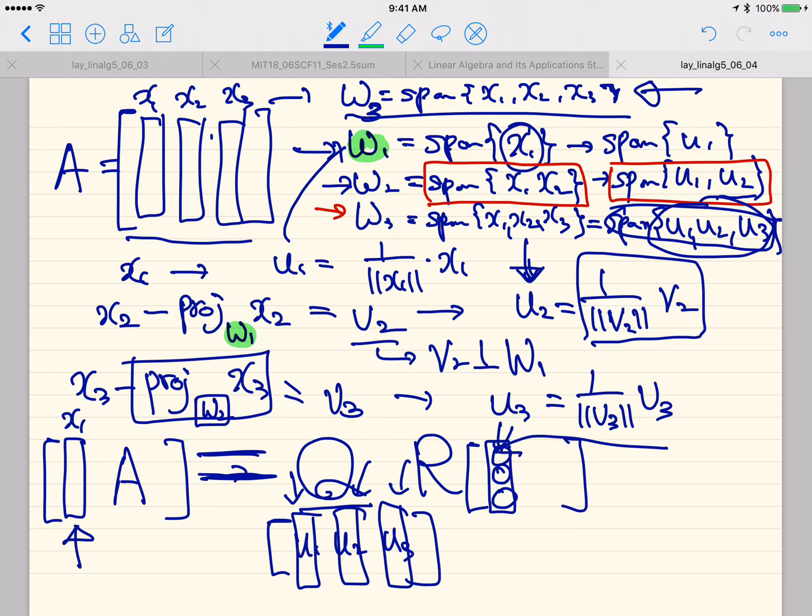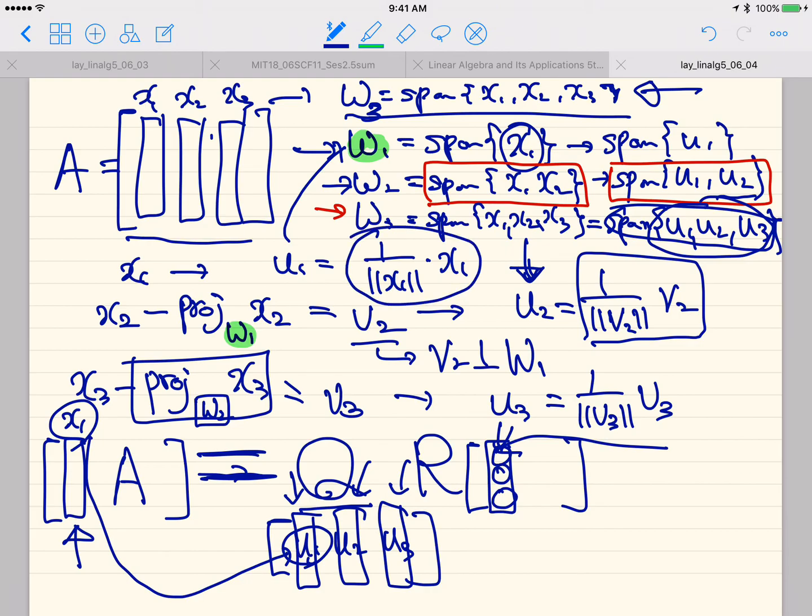What is the first element, for example? How did we obtain u1 using x1? u1 was this.